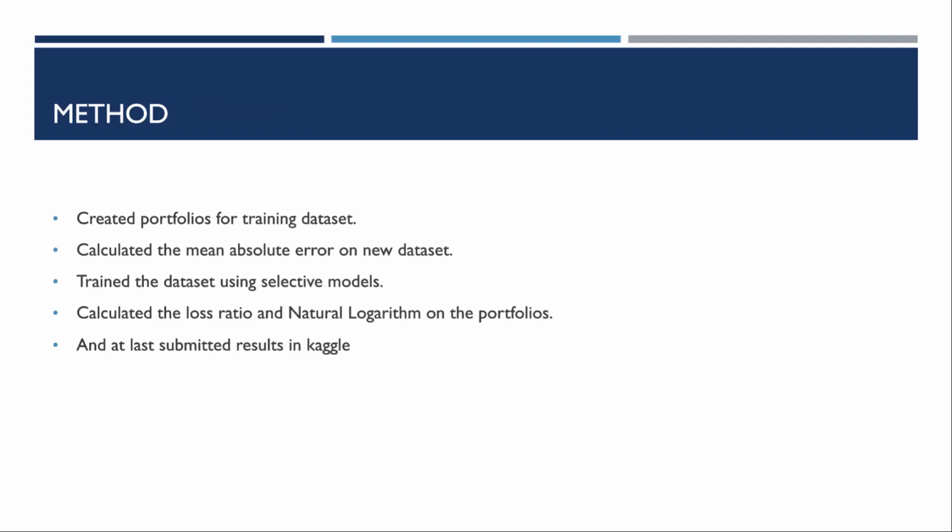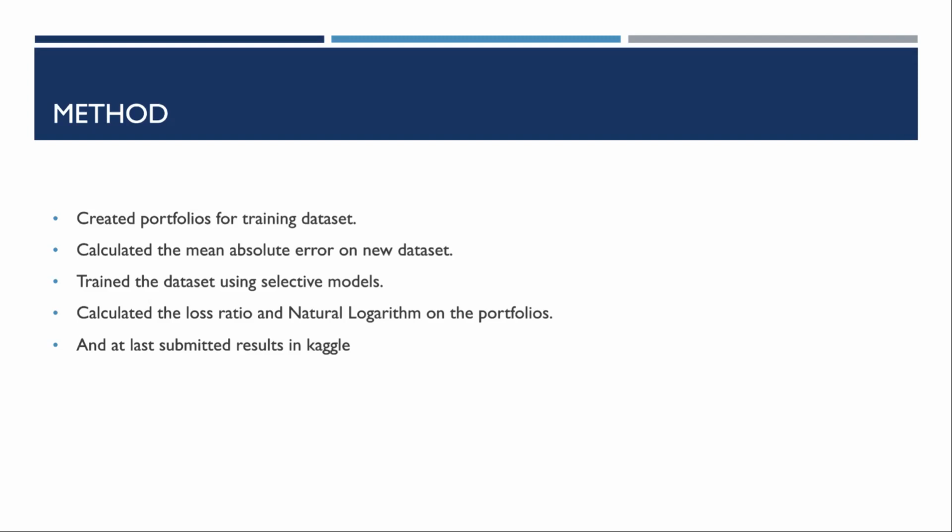I need to mention that the portfolios for the training data set are made based on the categorical values and numerical values. So from the given data set, we found the categorical values, then made a new data set and formed the new portfolios. For the new portfolios, we found the mean absolute error and trained the model.